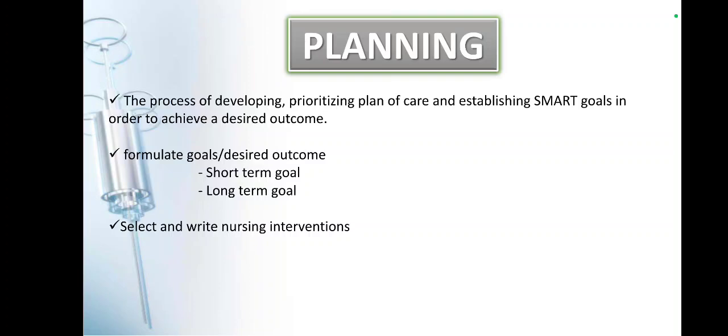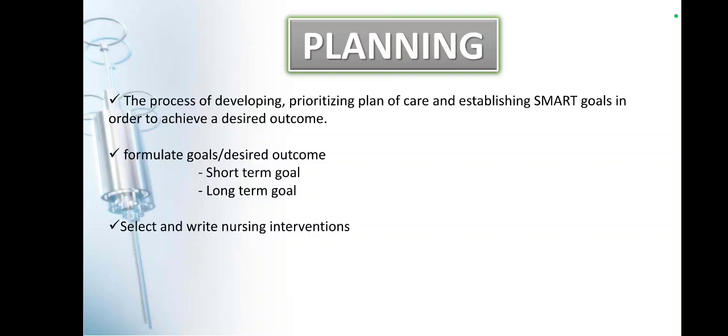A stands for attainable. You have to plan a care that you can do. So if it's out of your strengths, then you're not allowed to implement that intervention, or you have to plan different interventions. And then it should be realistic.